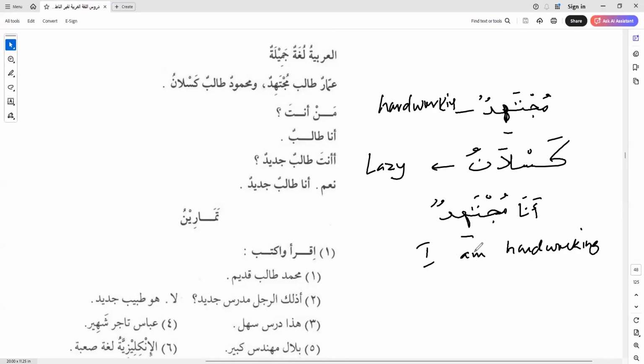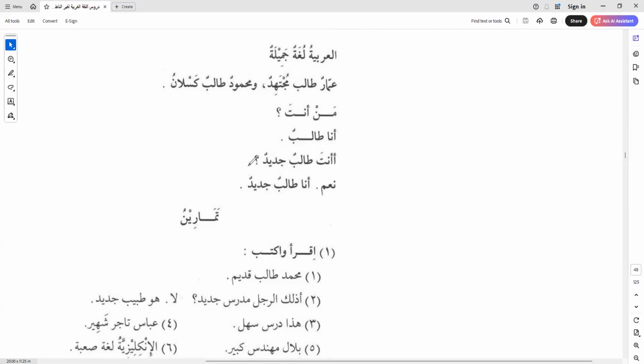Huwa mujtahidun. Anta mujtahidun. So in this lesson, you have to focus on ana, anta, and huwa. Ana, I am, anta, you are, huwa, he is. These are the pronouns you need to master in this lesson.